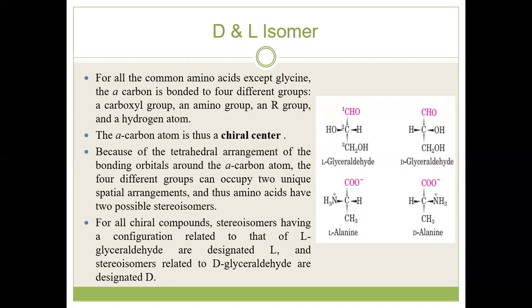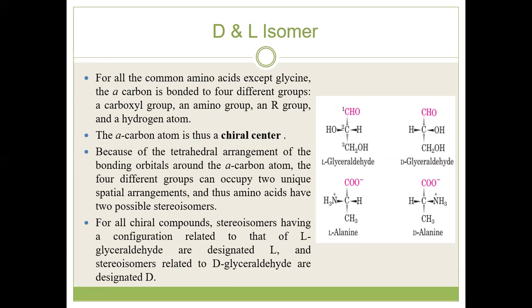Here, I gave an example of an amino acid, alanine, with an R group as CH3. And I added glyceraldehyde, which we used to explain in the case of carbohydrate. And we mentioned that in the case of glyceraldehyde, when you have the OH group to the left, it is called L-glyceraldehyde.